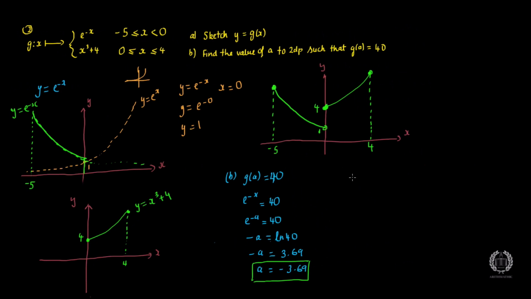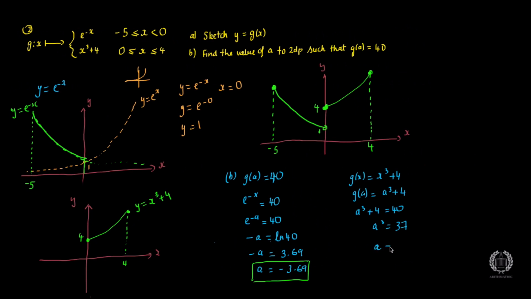So now remember, your g of x equals x cubed plus 4. You want g of a, right, first. So this is how I got the a. g of a means wherever you see x, you put a. So a cubed plus 4. But then you know what g of a is because they've given you 40. So you say a cubed plus 4 equals 40. So a cubed is equal to 37.